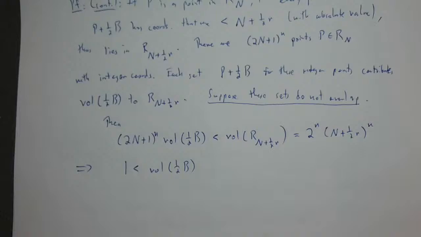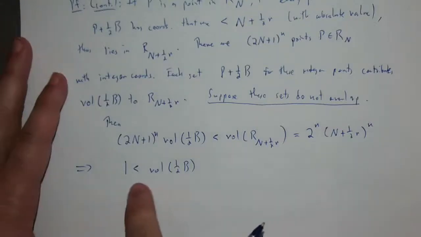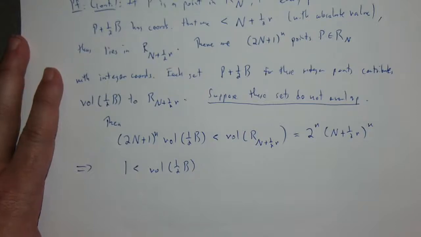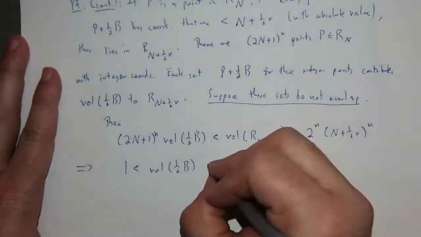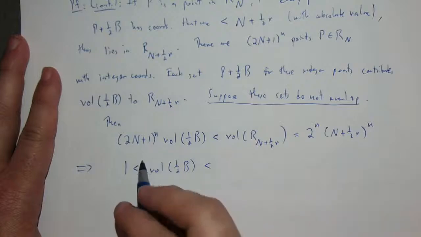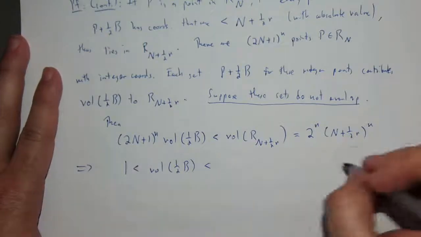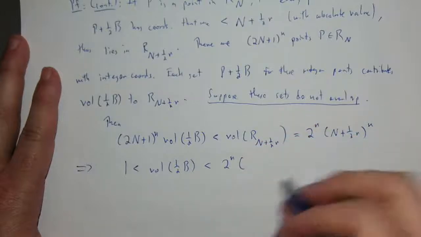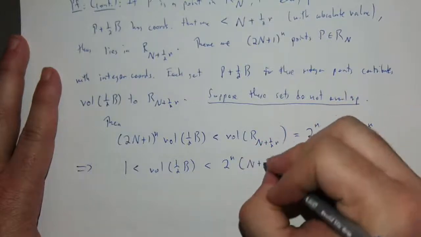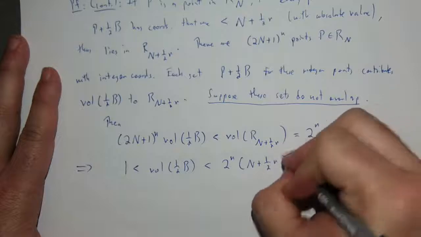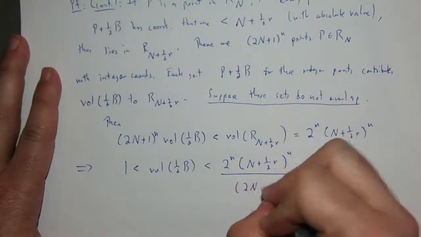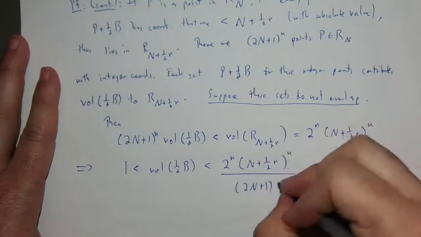So we get the inequality that 1 is less than the volume of 1/2 B, which is less than, dividing by this, 2 to the n times (N plus 1/2 r) to the n over (2N+1) to the n.